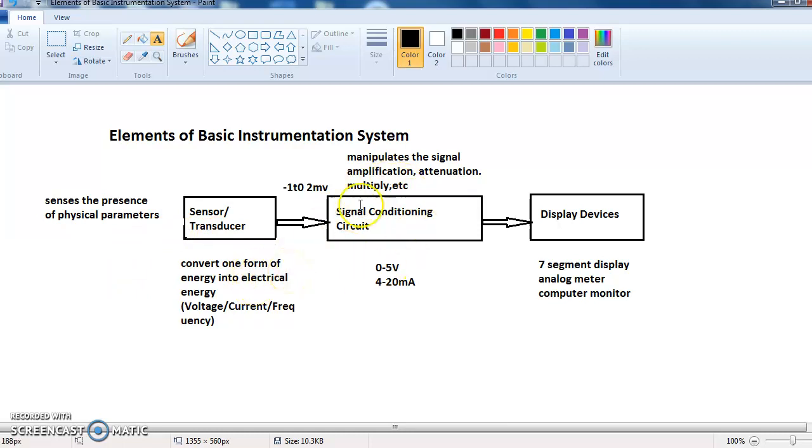The signal conditioning circuit will give us an output in standard form, and I can display it on my devices. That is, it can be a 7-segment display, an analog meter or a computer monitor. So these are the basic elements of any instrumentation system.